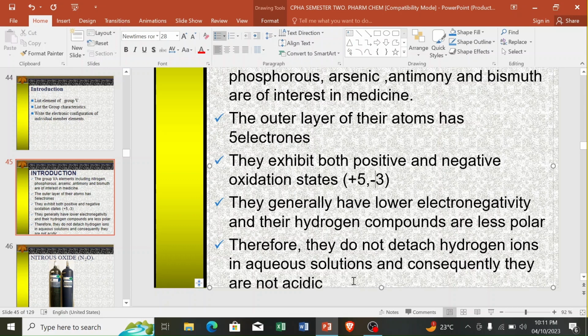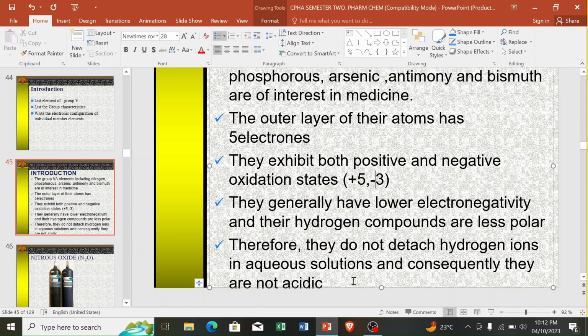We know that an acid is a proton donor, so we expect an acid to release a hydrogen ion. The group 5 elements are not in position to release the hydrogen ions in their aqueous solution.